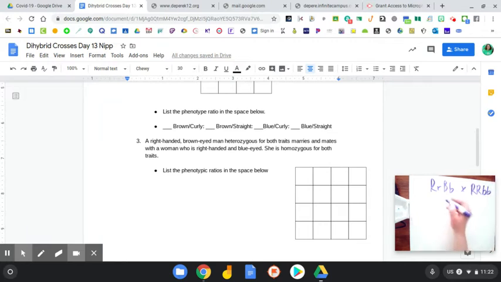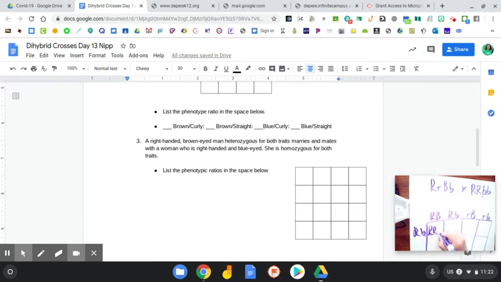If I did the FOIL to each of those, this would be big R, big B, big R, little b, little r, big B, little r, little b, and they're all different, so we have to use all four. And for hers it is big R, little b, over and over, so this one is only going across.